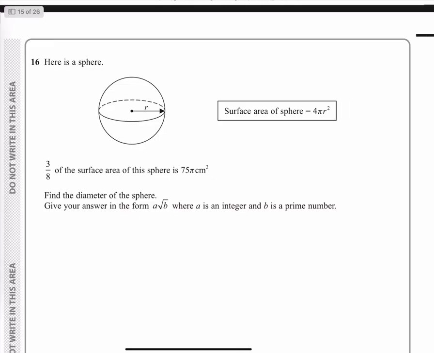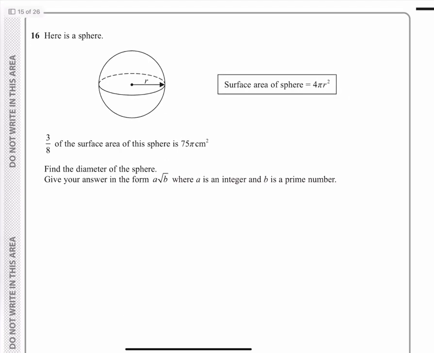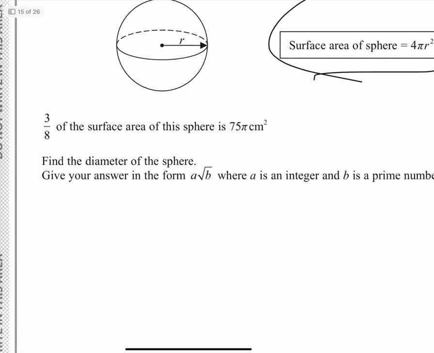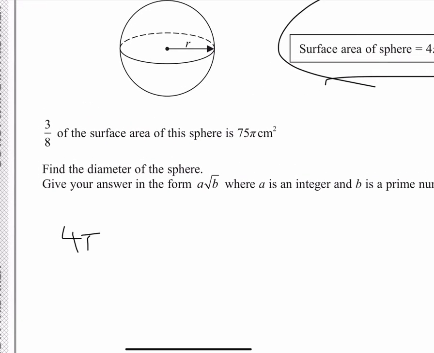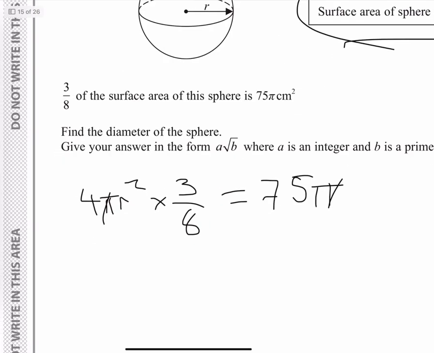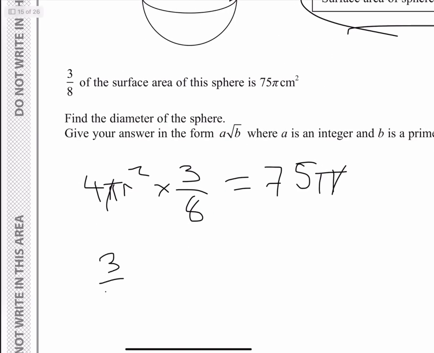Here's a sphere. Find the diameter of the sphere. Okay, so 3/8 of the surface area is this. The surface area of the sphere, they've given it to us, is 4 pi r squared. So 4 pi r squared times 3/8 is 75 pi. So let's cancel off those pi's. We then get 3 over 2 r squared equals 75.